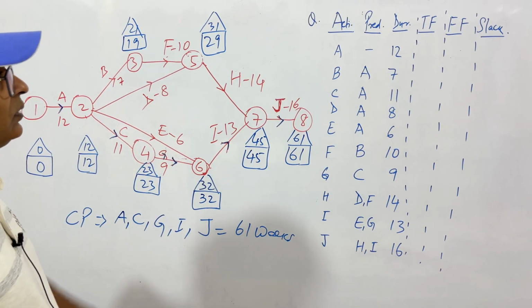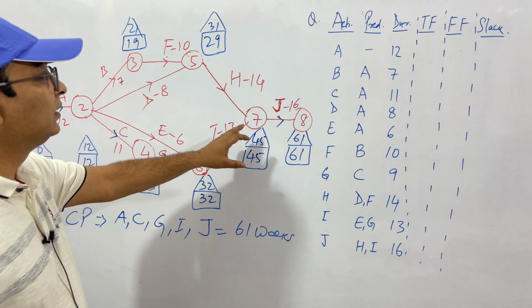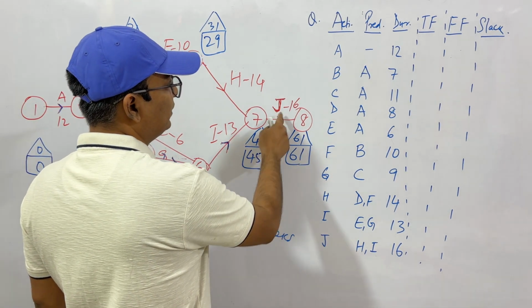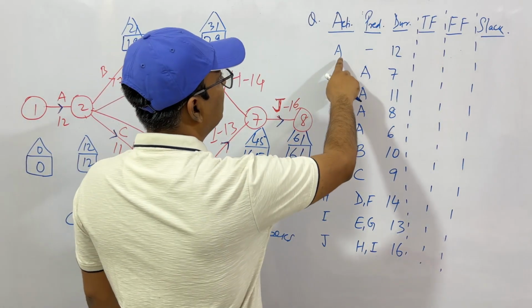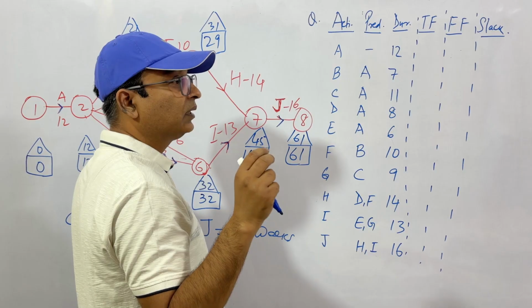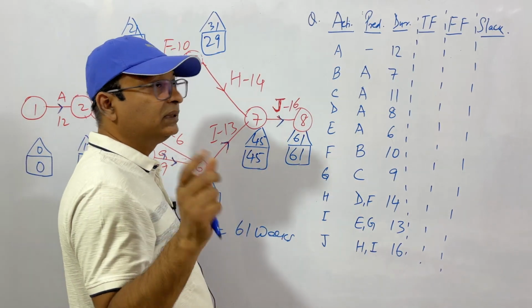We know how to find total float. Total float is in the backward pass. We take the difference of the backward pass values and minus the value of the activity. You should remember that this is for non-critical activities only. For critical activities, it will be 0.